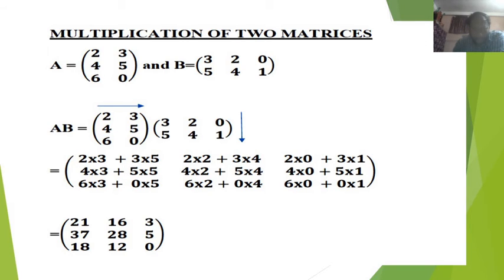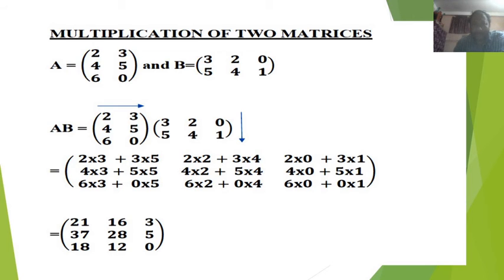Here for B, number of rows is 2 and number of columns is 3. So the number of columns of matrix A is 2, and the number of rows of the second matrix B is also 2. The first criterion for multiplication is that the number of columns of the first matrix is equal to the number of rows of the second matrix. This is equal, so matrix multiplication is possible.